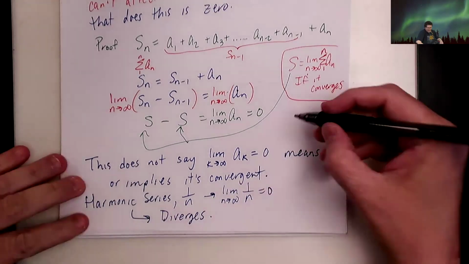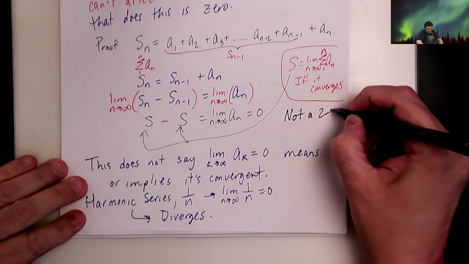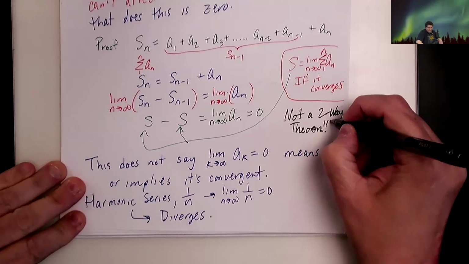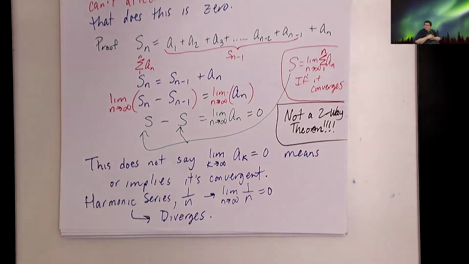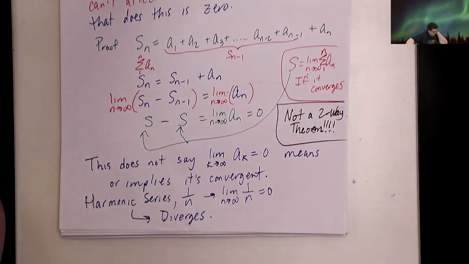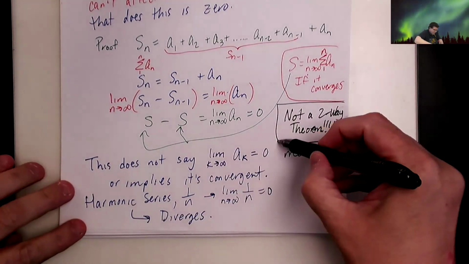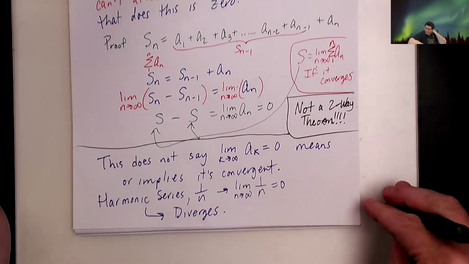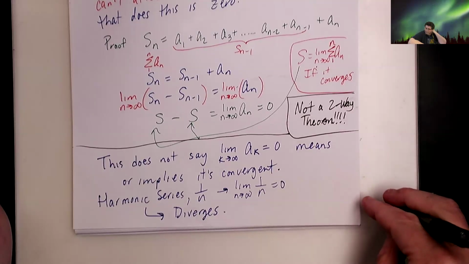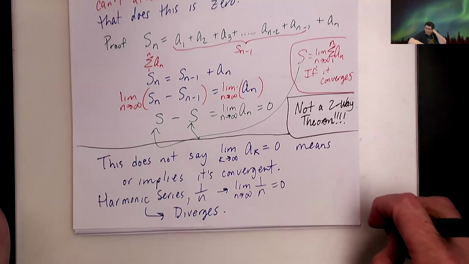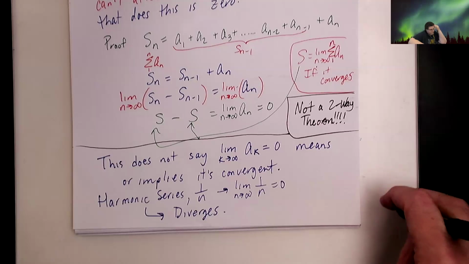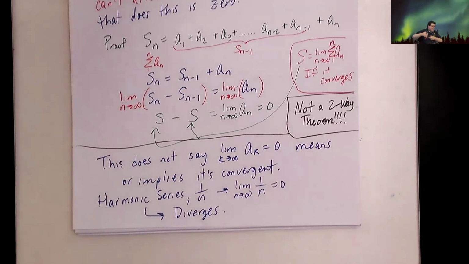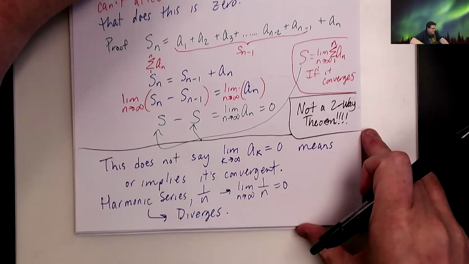So take away from this, not a two-way theorem. But that is not the divergence test. That's just something that's kind of like the opposite of the divergence test.